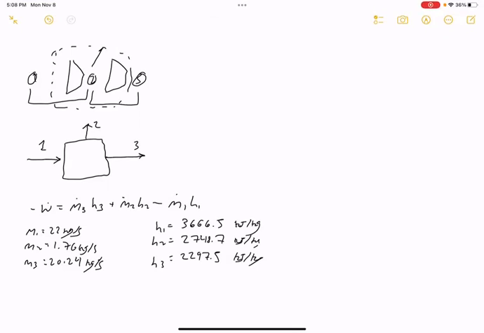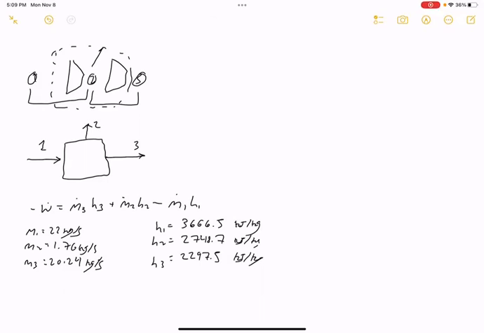Now, if we substitute everything in, we should hopefully get the work done by the system. So m dot 3, which is 20.24, times 2297.5, plus m dot 2, which is 1.76 times h2, which is 2748.7, minus, because now we're talking about what's going in, the whole 22 kilograms per second at 3666.5.